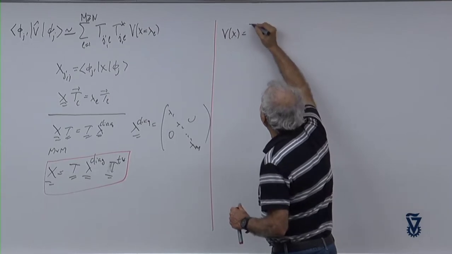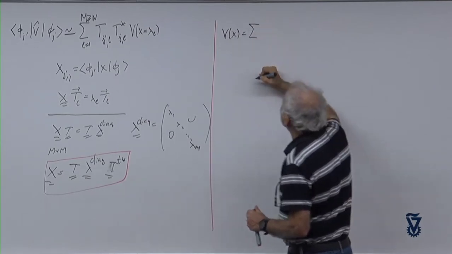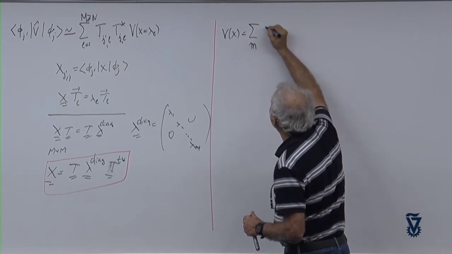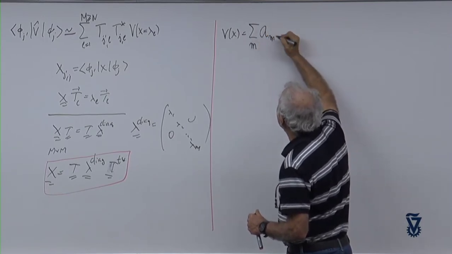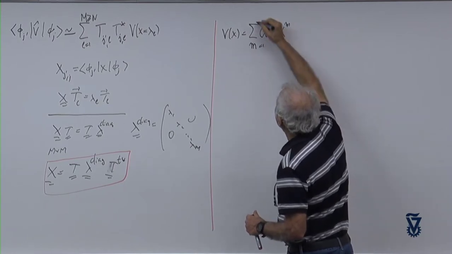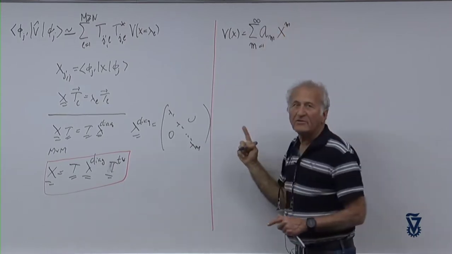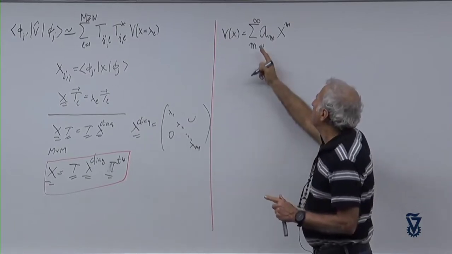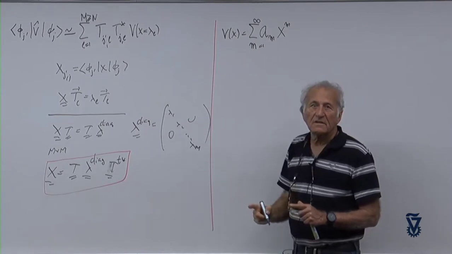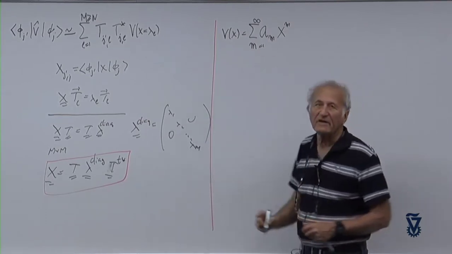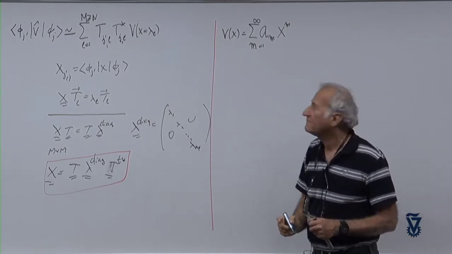Therefore, we can always expand it in a Taylor series expansion, and it always converges for any x. For analytical functions, the radius of convergence is infinity. You can put any value of x and it will converge.